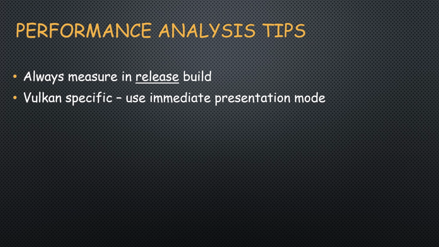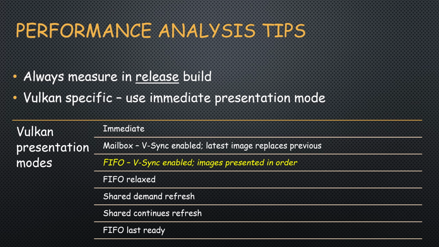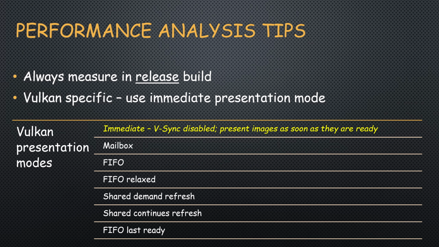If you remember, Vulkan has several presentation modes that control the behavior of the presentation engine. Our preference was to use the mailbox mode and fall back to FIFO if it was not found. For the measurements, we're going to use immediate mode, which is supposed to provide the highest frame rate.